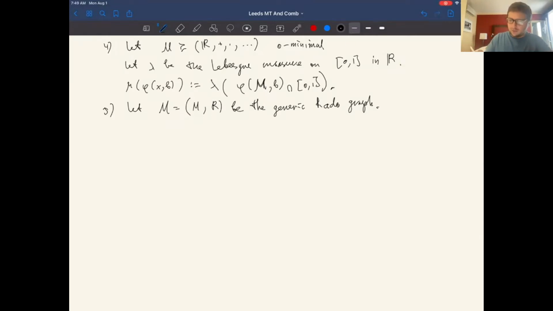And we can define a measure, again, on definable subsets. So we can define this generic graph probabilistically. Look at the natural numbers and take any two natural numbers, which we think about as vertices of our graph.